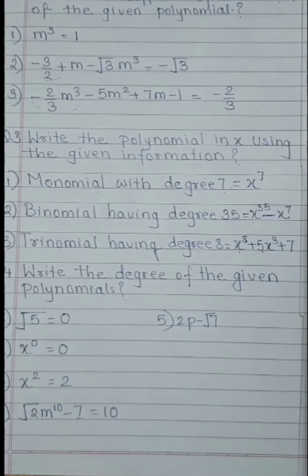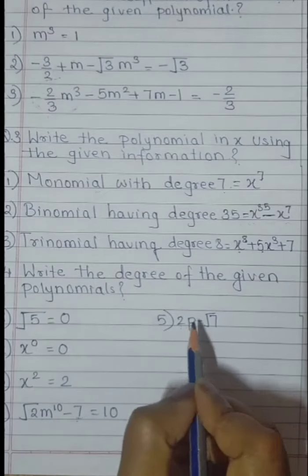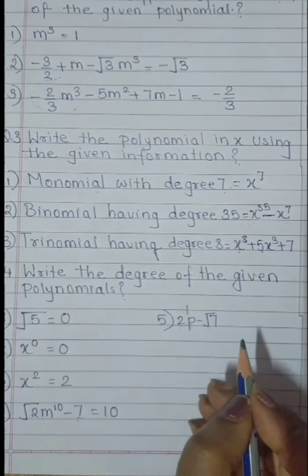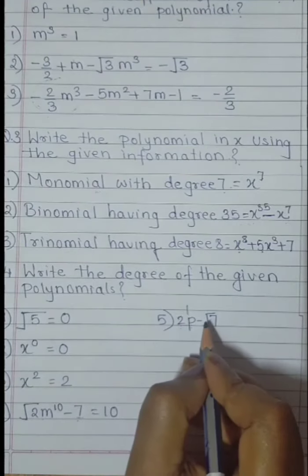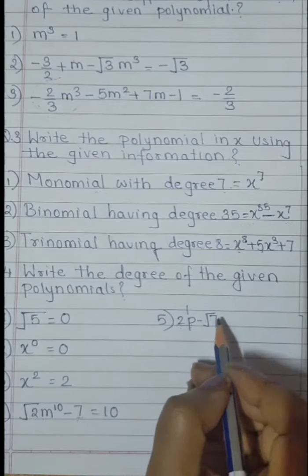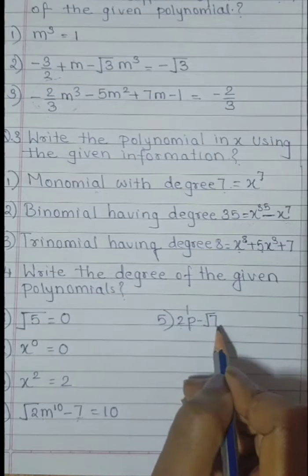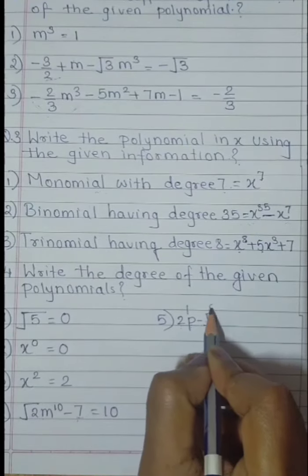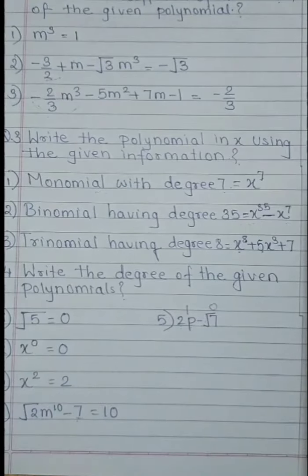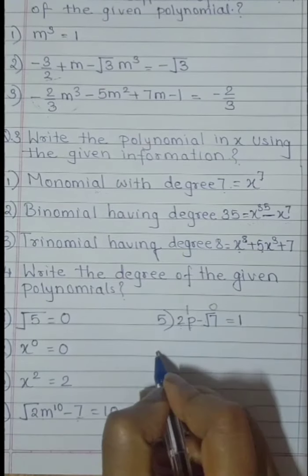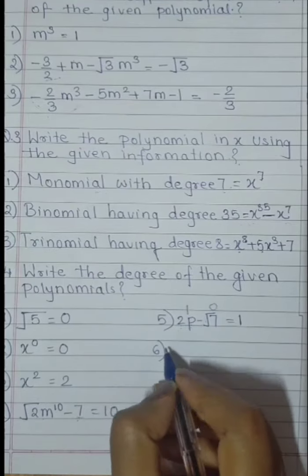Here 2p means no degree is given, so we will consider as a 1 here. If we remove the radical sign, it will become a coefficient number with a degree of 0. So here we get 1 degree.